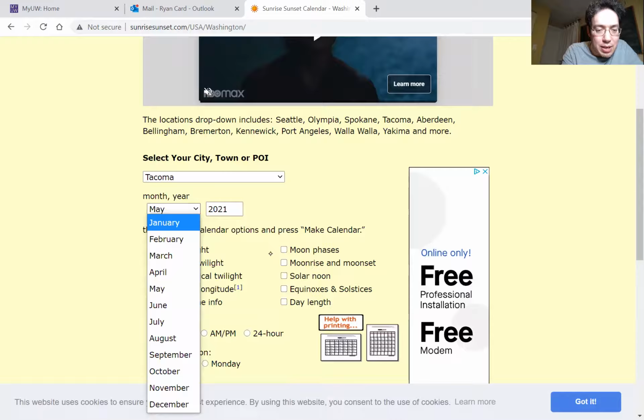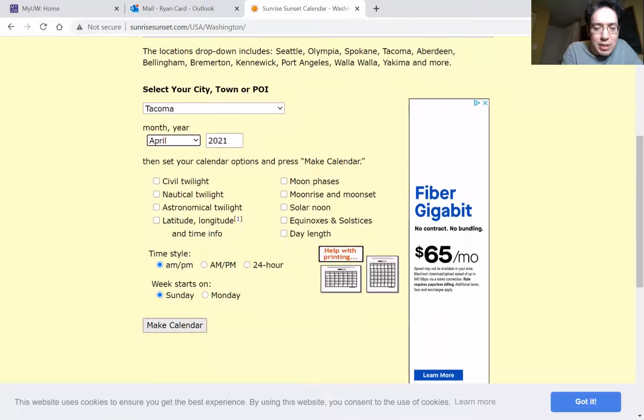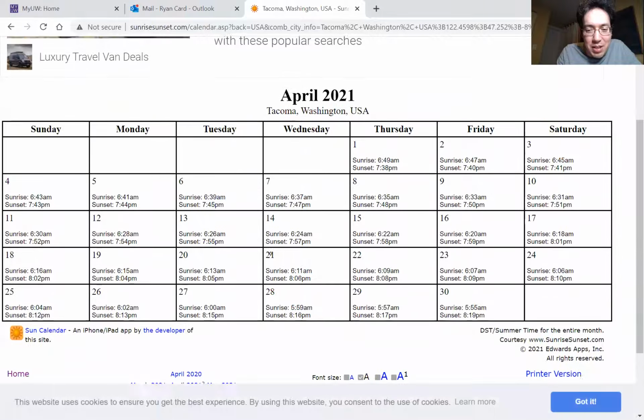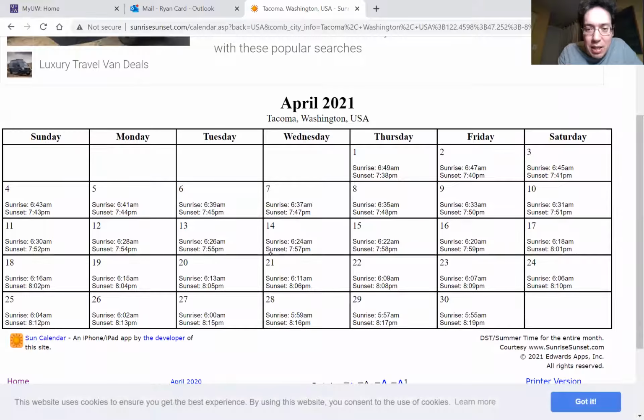Month, let's look at April 2021. Let's make the calendar. Okay, here we go. So for us, it's April 29th. Sunrise today is 5:57 a.m. So it just got earlier than 6 a.m. a couple days ago, I guess. So that's an example of a multivariable function.